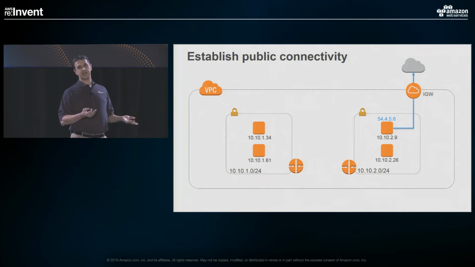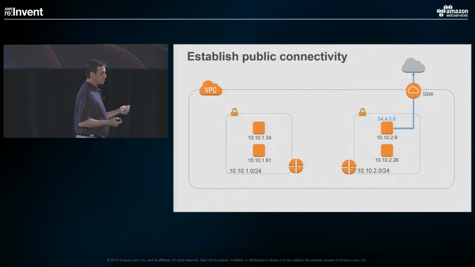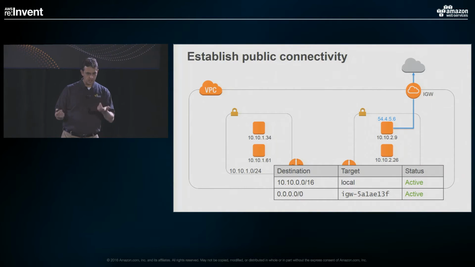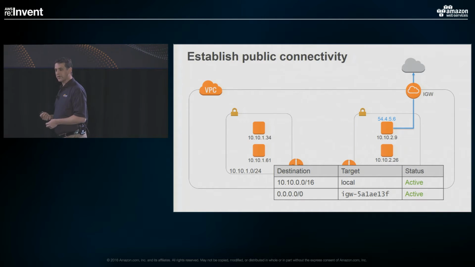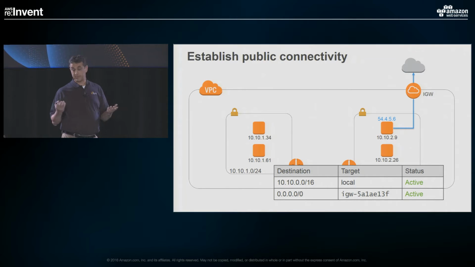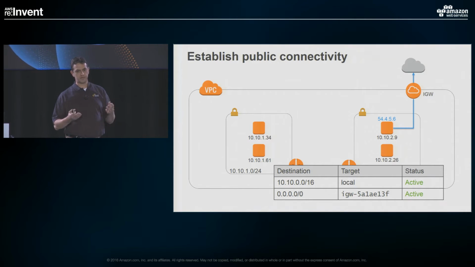A private subnet is exactly the opposite. It does not have those two constructs, which is the IGW or the elastic IP address. So here's a look at the routing table. You'll see the local target, which primarily says that all traffic within the VPC stays within the VPC.